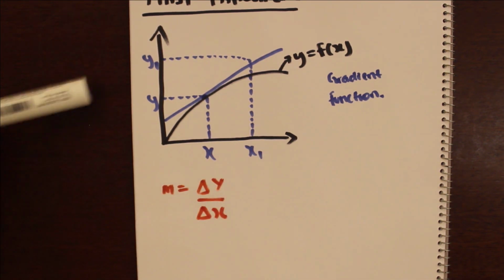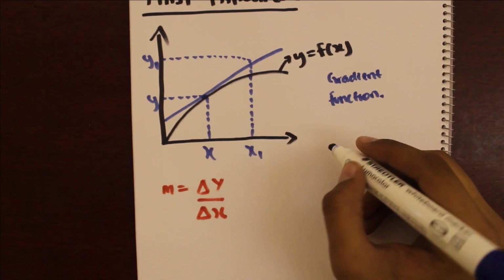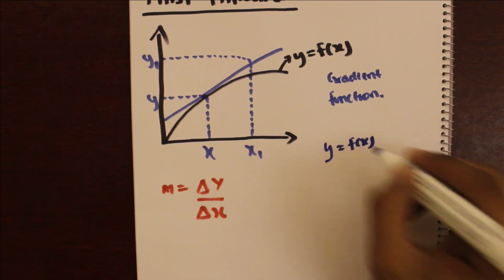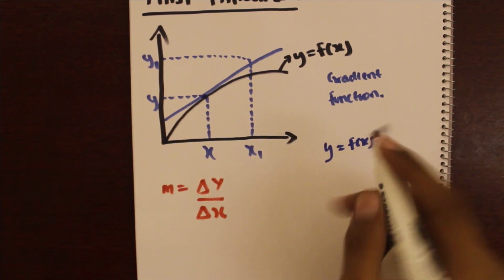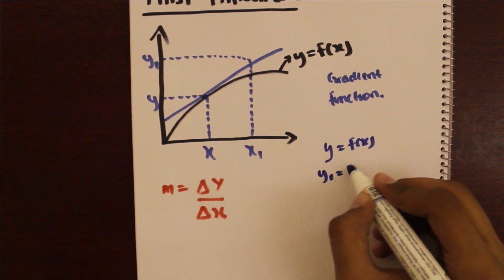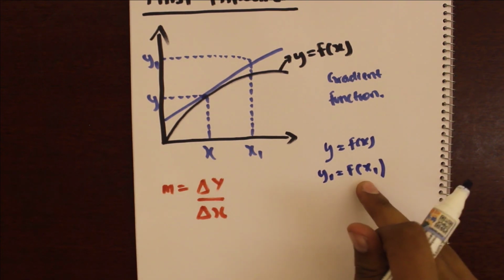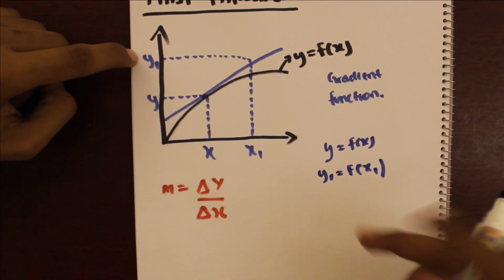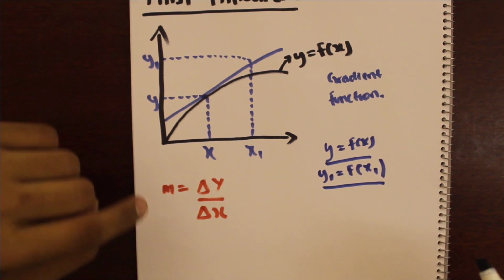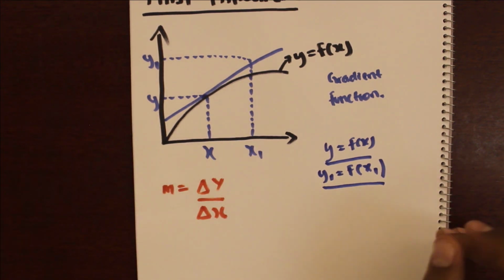Before we continue, we also know that if y is equal to f of x, then y1 would be equal to f of x1, since putting the value of x here will give you its corresponding y value. And we will use these two relationships when finding the gradient function, or rather the derivative, using first principles.